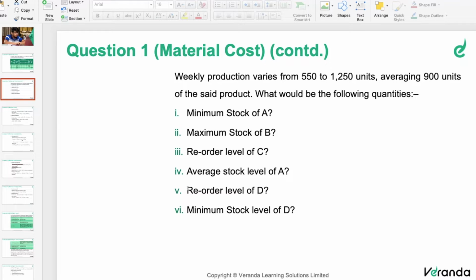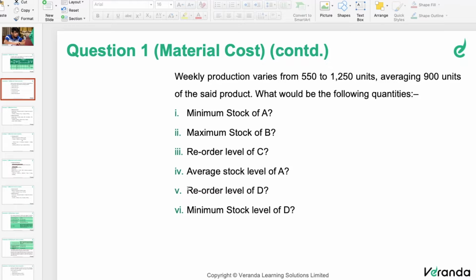Second, you should be familiar with the formula. Without knowing the formula, you can't even touch the problem. The formulas are based on setting of various stock levels, one of the inventory control techniques.